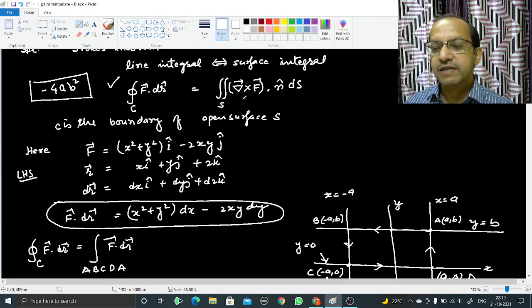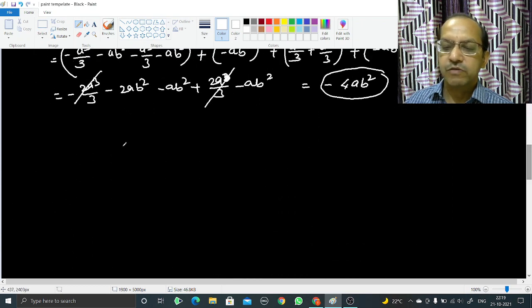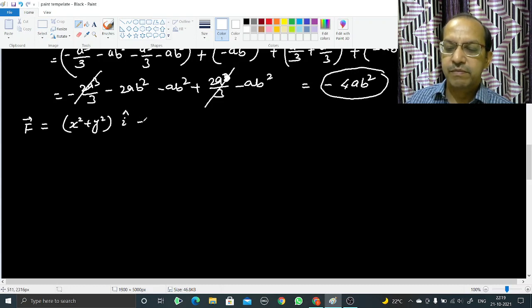To evaluate this surface integral, we will have to first find the curl of F. So we will first write F. What was F? F was (x square plus y square) i cap minus 2xy j cap.